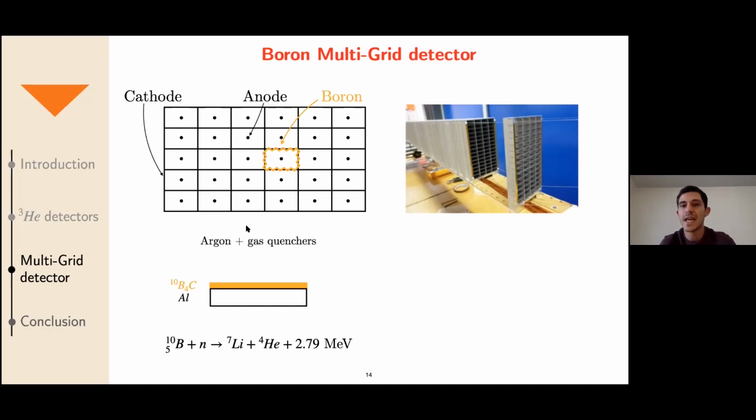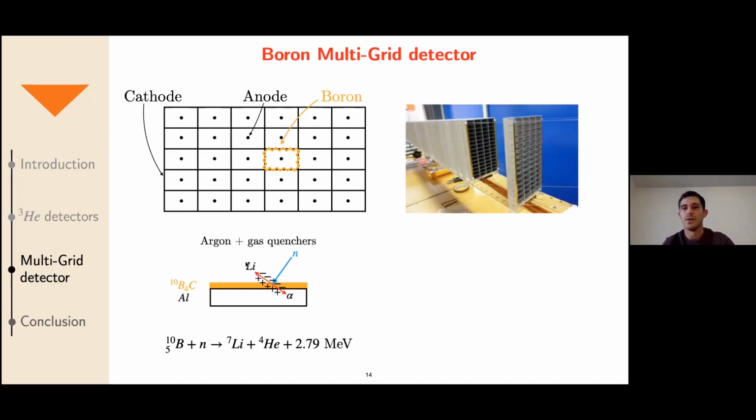In the same way as for the helium-3 detector, during the first collision between the neutron and the boron, there is a creation of lithium and an alpha particle, and along the track there are charges, the electrons and the associated ions.